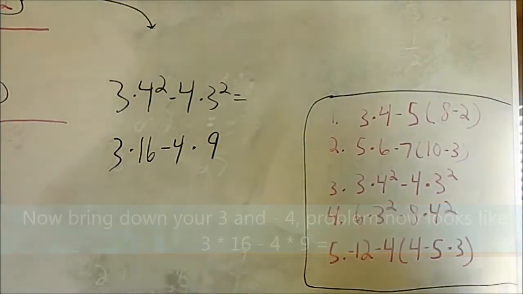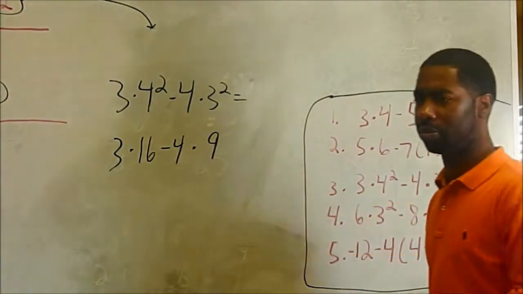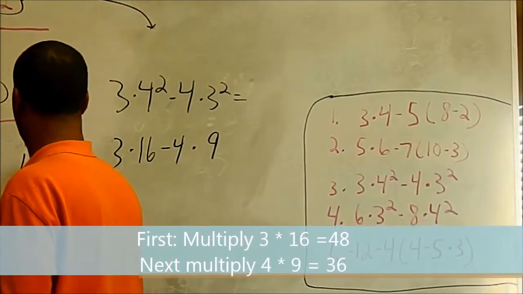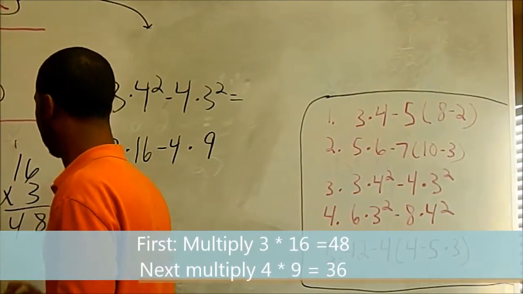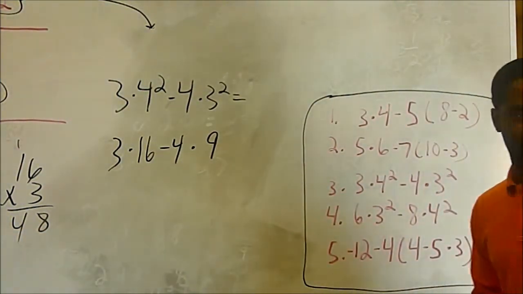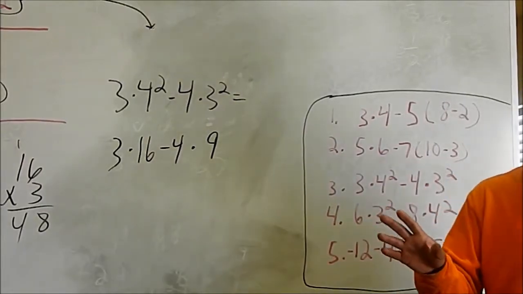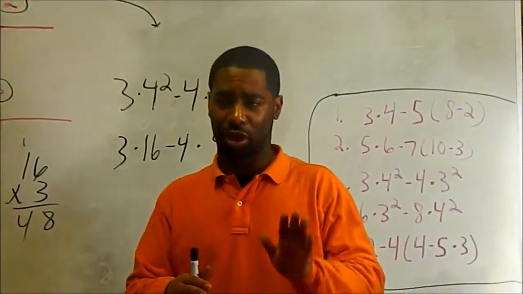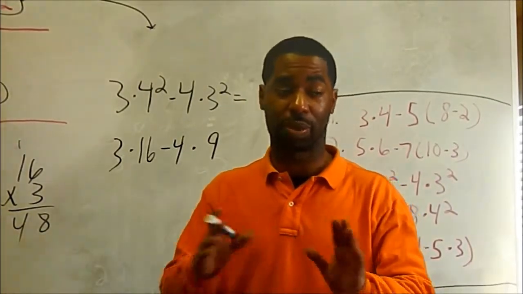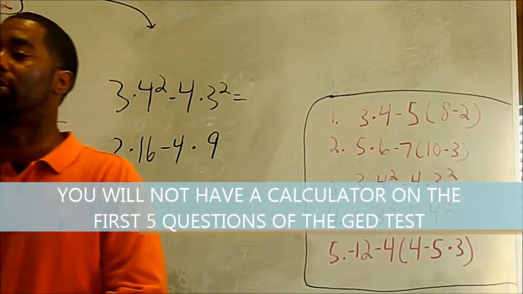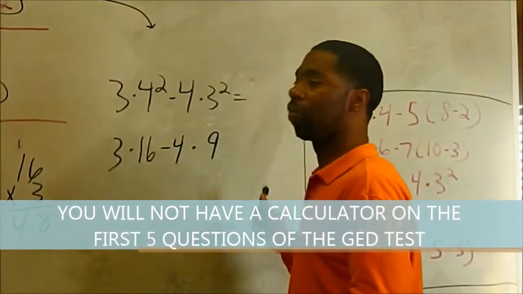3 times 16. And what is that? 180. I don't know. You guys have a pen and paper? 48. Don't get so spoiled by the calculator. True indeed, you're going to have a calculator on your test, but the first 5 questions of the test are going to be without a calculator. And this could be a question that could be on your first 5.